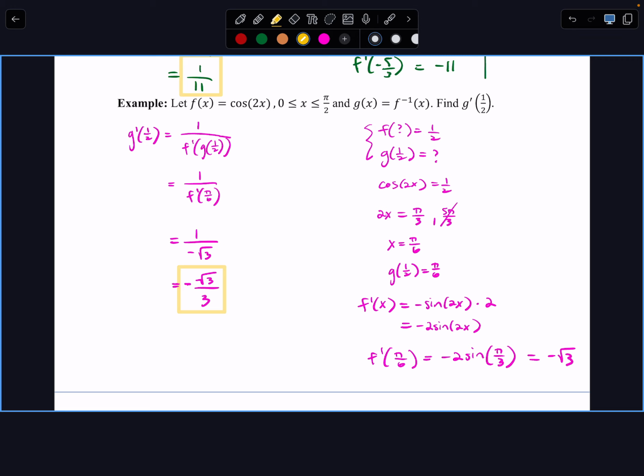Negative sine 2x times 2. You only get 3 back, so plug in times 2x. That's the opposite of the sine of.